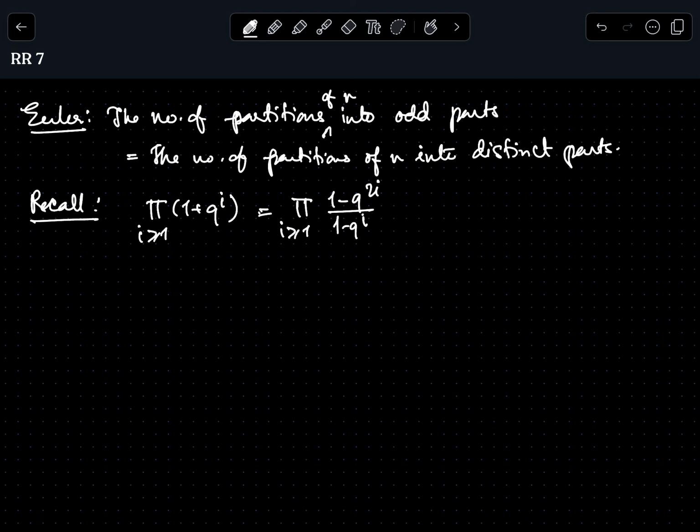And notice that 1 minus q to the 2i gets cancelled out with things in the new denominator, and only terms of the form 1 minus q to the 2i plus 1 or minus 1 remain in the denominator, right? And what we got in the end was the generating function for partitions into odd parts.